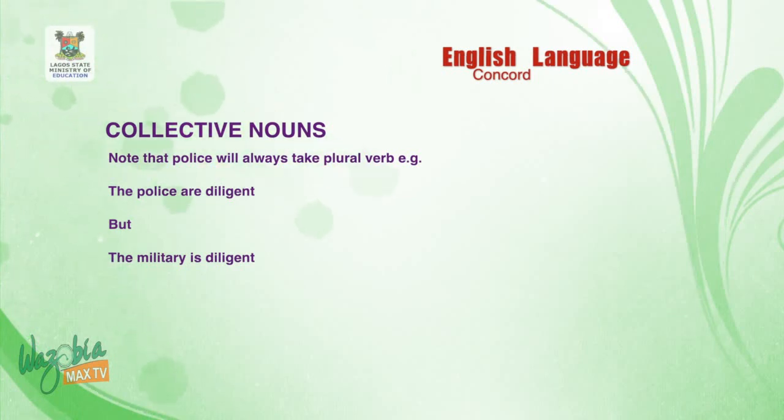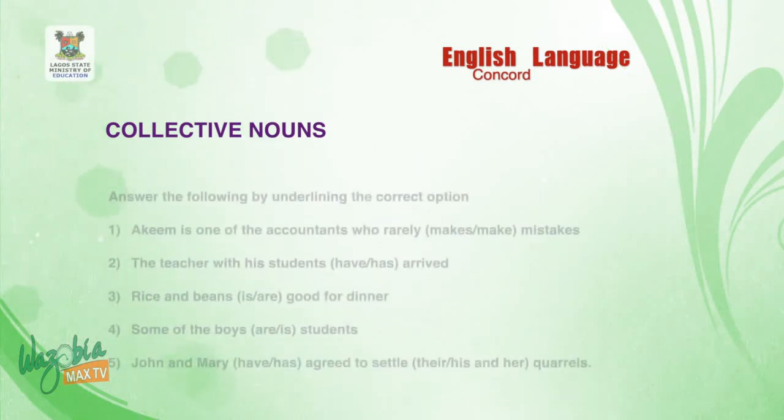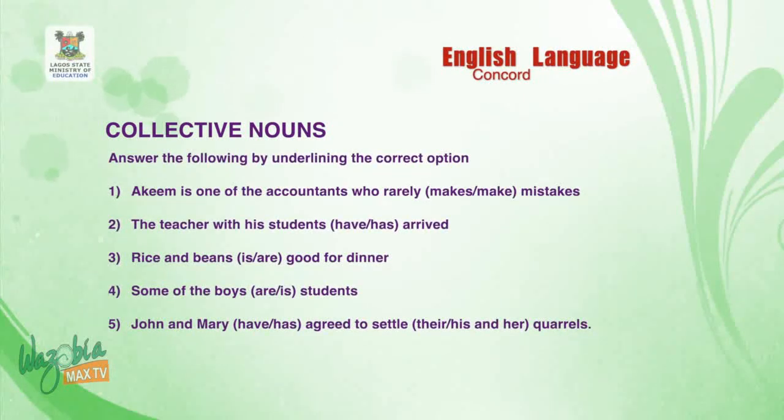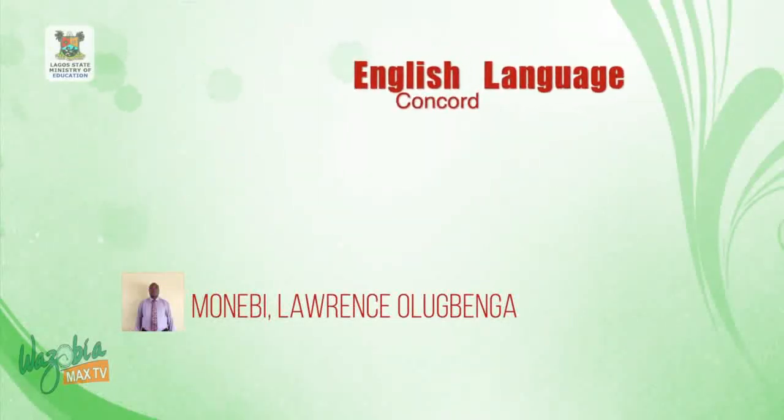Which one will you pick? Three, rice and beans is or are good for dinner. Four, some of the boys is or are his students. Five, John and Mary have or has agreed to settle their, his and her quarrels.